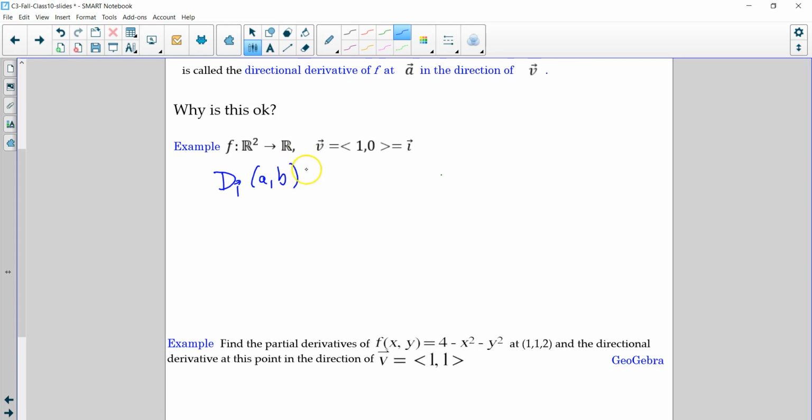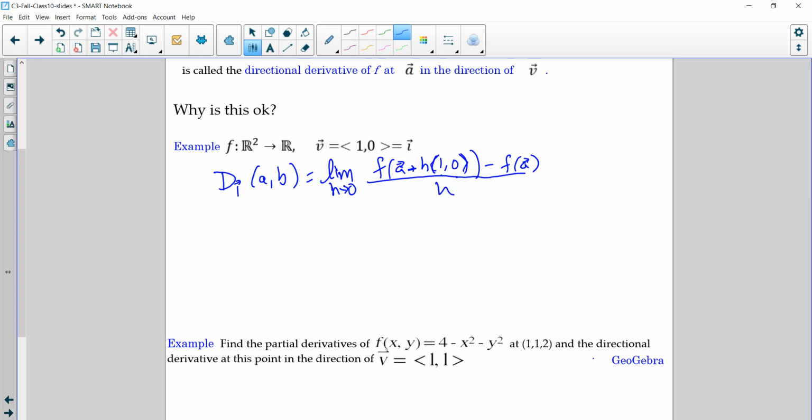By definition, this is the limit as h approaches 0 of f of a, which is my point (a, b), plus h times the vector ⟨1, 0⟩, which I put in angle brackets to denote that it is a vector, close parentheses, minus f of a, all over h.